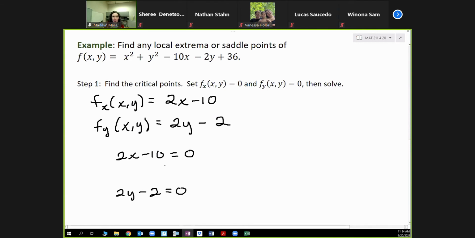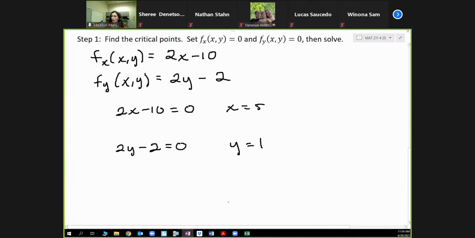So when we solve these, we get x equals 5 and y equals 1. So we just found a critical point.